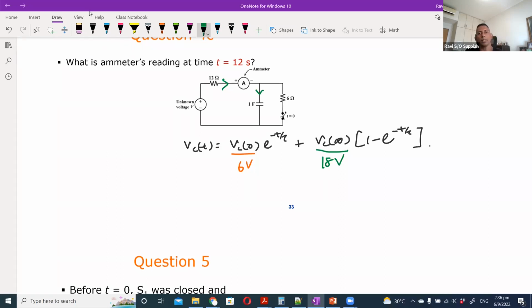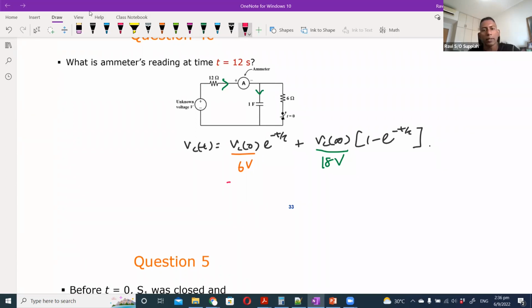It's the same concept, but in this case it is a voltage source, which means the voltage here is fixed. It's not a battery that is discharging. It's a fixed voltage source. That means it will continue to supply current to the circuit until the capacitor becomes fully charged. So VC infinity will be 18 volt.